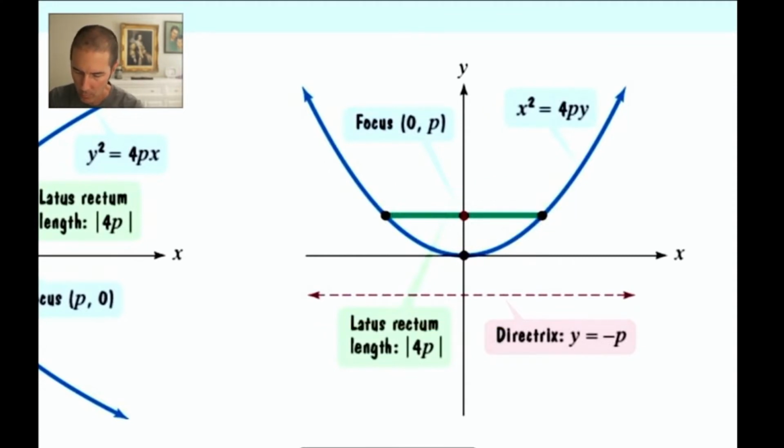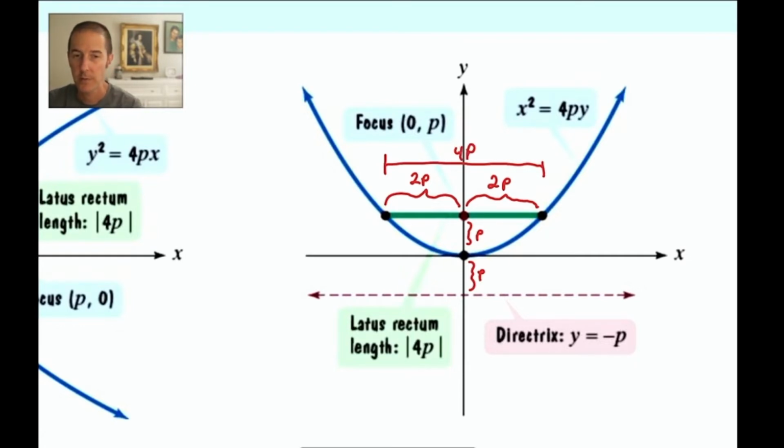And we talked already about this distance being p and this distance being p. Well, this distance right here is always going to be 2p, as is the other half measuring 2p, which means that the lattice rectum is always going to have a measure of 4p. It doesn't matter if it's in this diagram or the one to the left, lattice rectum length 4p.